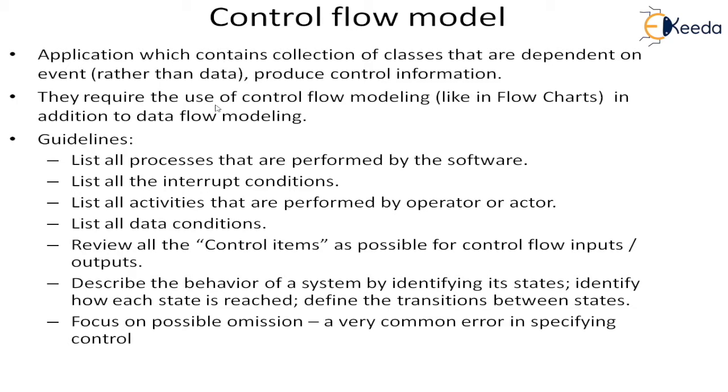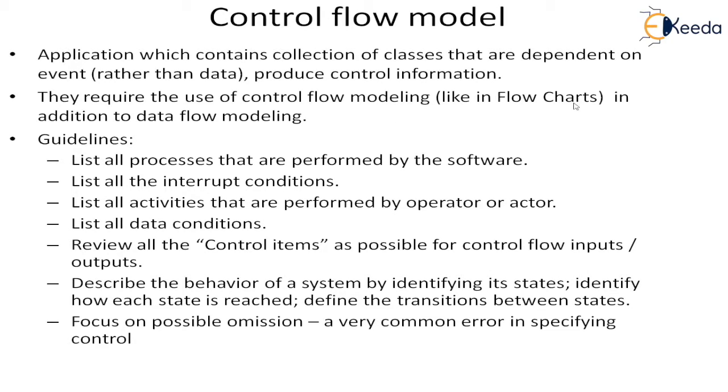They require the use of control flow modeling. Applications which contain a collection of classes that are dependent on the event rather than data will produce control information. So this is a different type of information. This is control information. These kinds of applications require the use of control flow modeling.